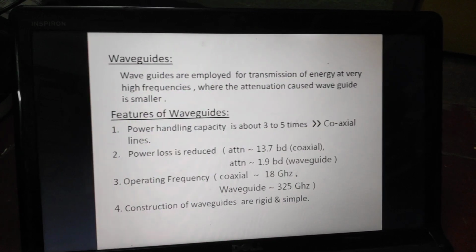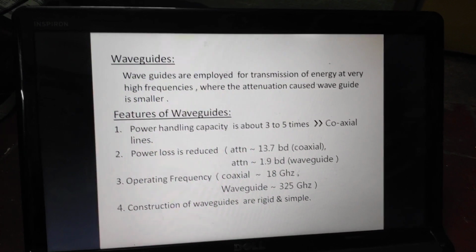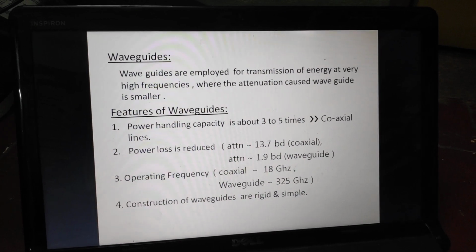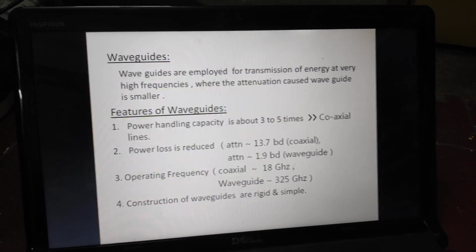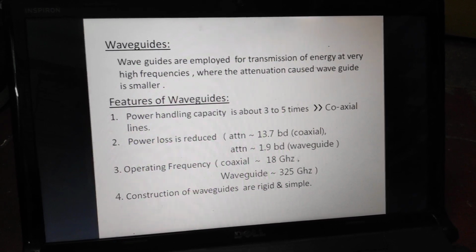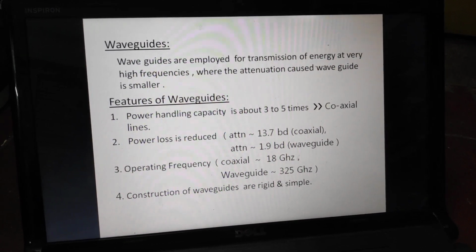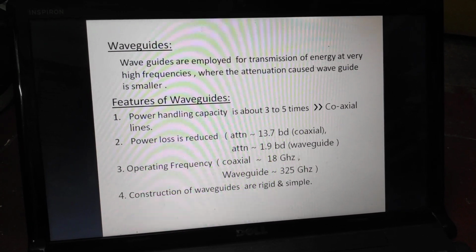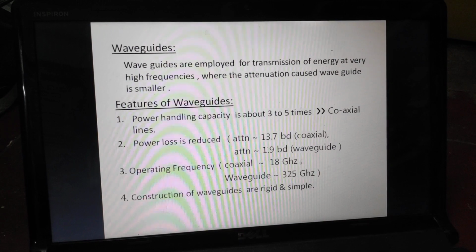Now let us see some of the features of a waveguide. When compared with other transmission lines, the power handling capacity is around 3 to 5 times greater than that of either a coaxial line or a parallel wire line. The power loss, that is the attenuation, is also reduced.